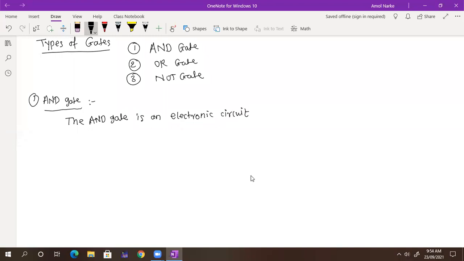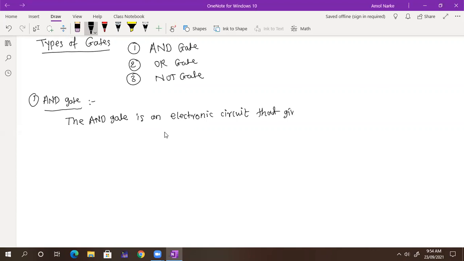We need to do the group activity on that also. Okay. So the AND gate is an electronic circuit that gives high voltage.